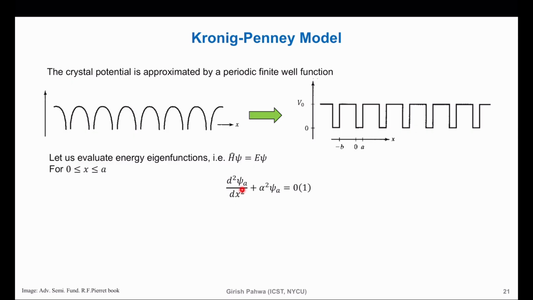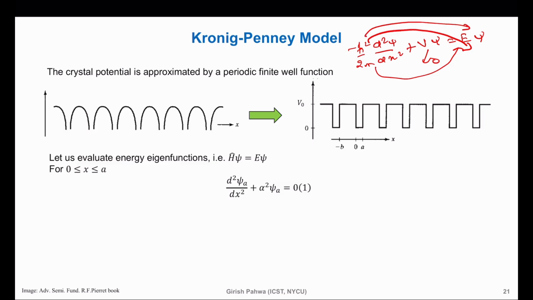So what is the Schrodinger equation? It is minus h bar square by 2m d2 psi by dx square plus V psi equal to E psi. V is 0, and this thing goes here, h bar square goes down, and because this is minus, you can take it to the other side, so this will be plus here, right?